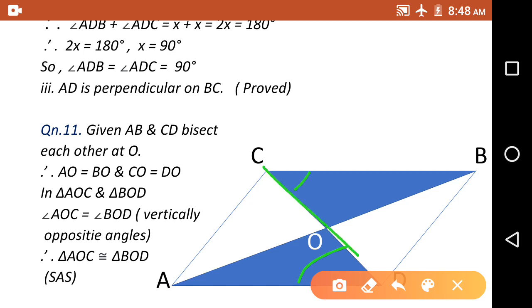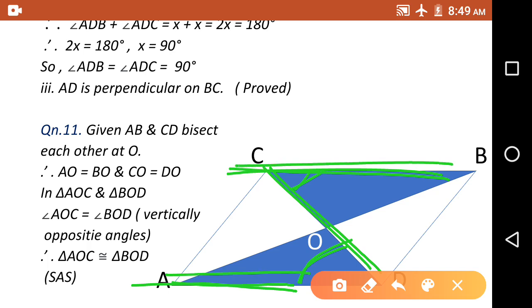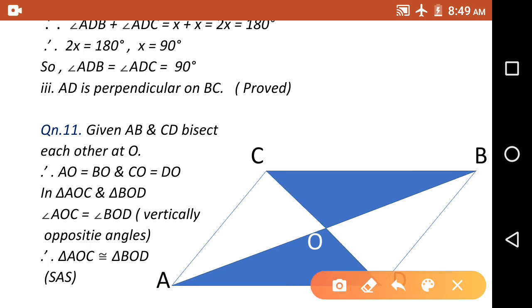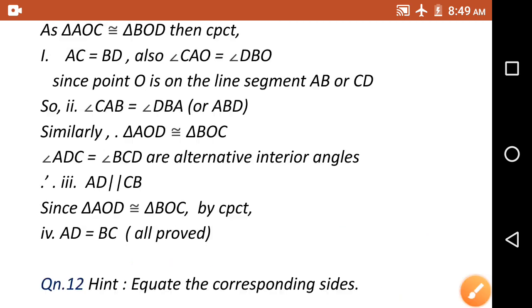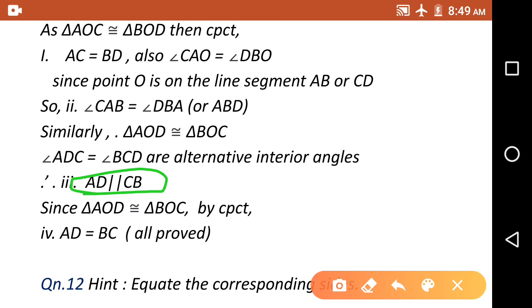This one is the transversal line and those two are the lines, so those two are definitely parallel lines, because if this one is the transversal and we find that the alternate angles are equal, then we can say those two sides are parallel to one another. So we will say that AC is parallel to BD. So finally it is proved.